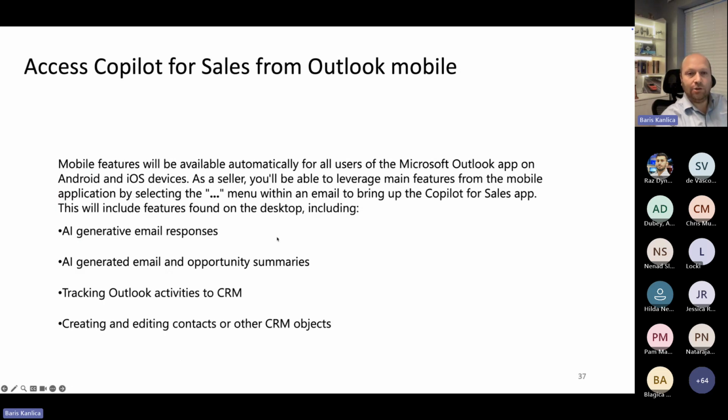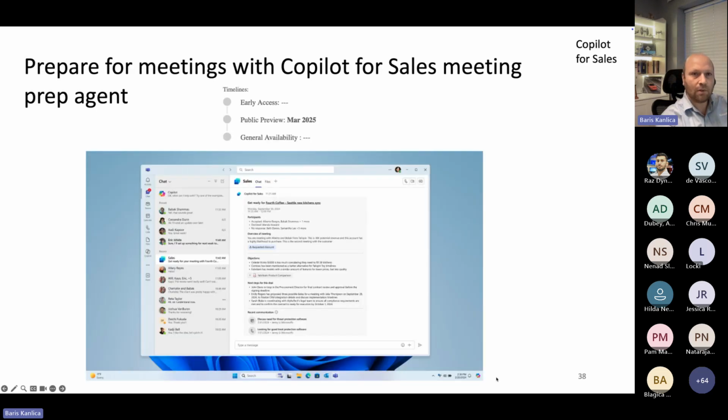AI-generated email responses, AI-generated opportunity summaries, tracking Outlook activities, and creating and editing contacts and other CRM objects are also possible with this solution. Another important feature: the system will automatically prepare you for meetings. I already have access to this, interestingly.